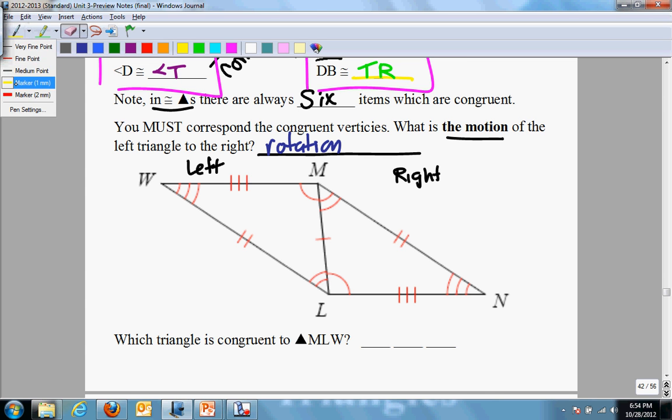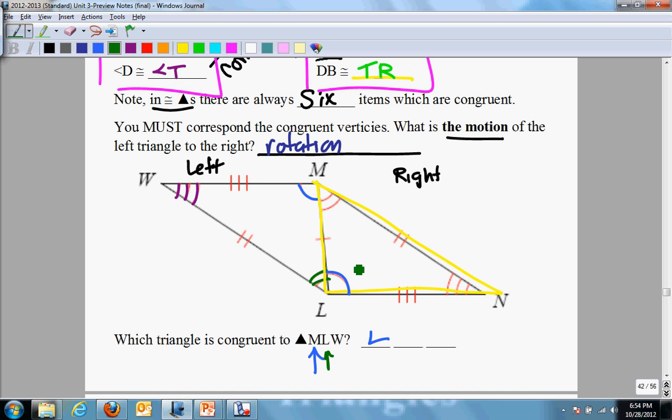So we want to match up what is the triangle congruent to M, L, W. So M, single sweep. The corresponding vertex on the triangle on the right-hand side, the single sweep, is going to be L. So it's going to be triangle L, and then here, L is the double sweep on the left.